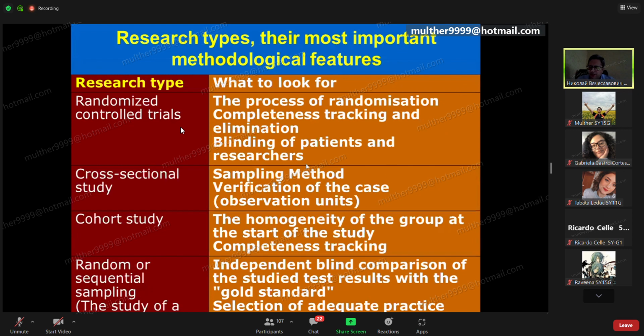The most important methodological features or characteristics of different types of research you can see in this table. In first place, as the most important and most reliable type of trial, is the randomized controlled trial, or RCT.